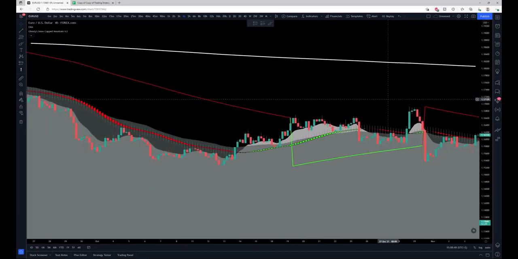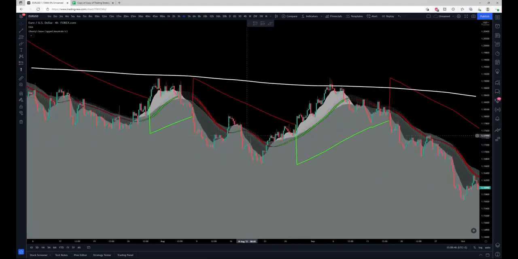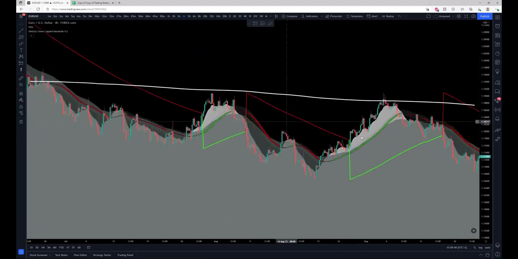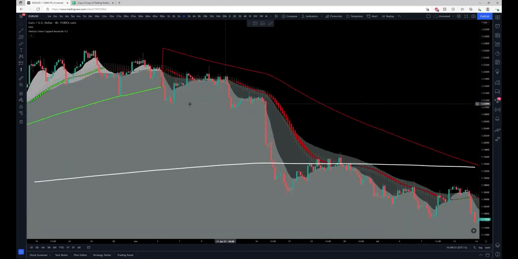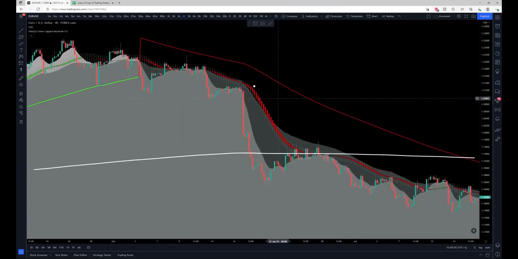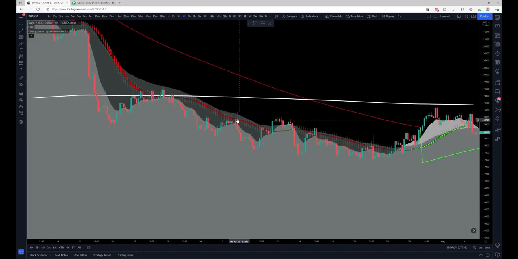So we can take a look back and you get the pullback here, you get the pullback here, here. You can see how well it would work if you trade on these pullbacks using this as your trend direction indicator. So instead of entering here, you can get a much better entry up above these trend smoothing candles. And you get multiple entries in the trend instead of just one signal.